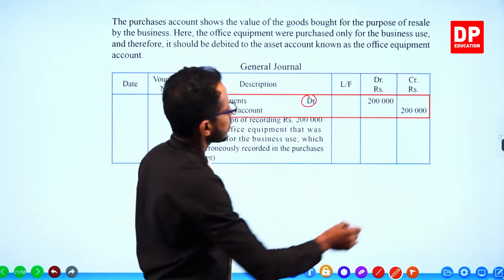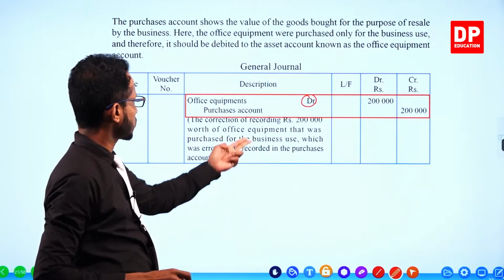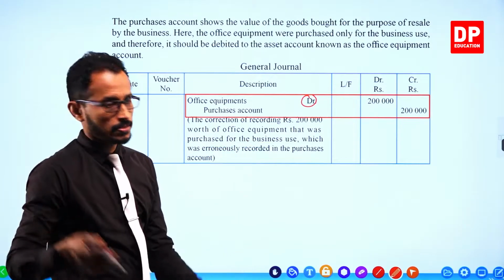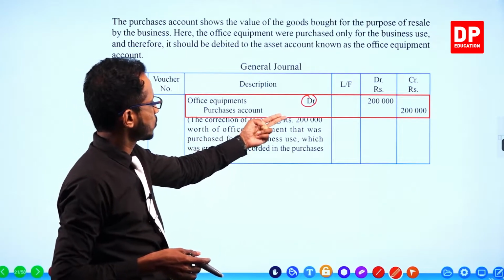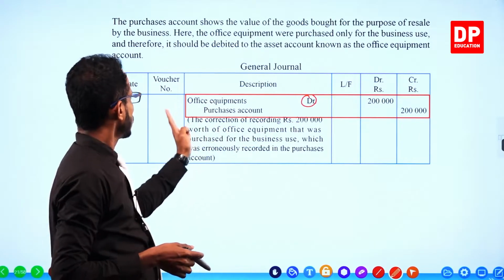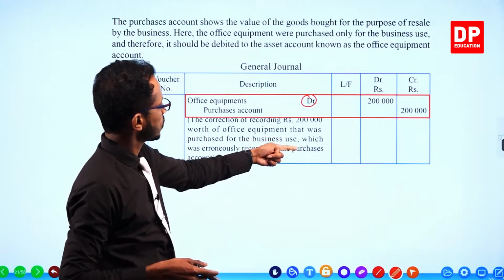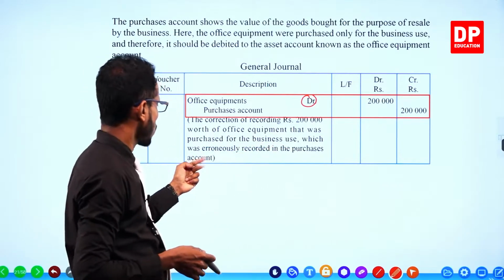Purchases account credit 200,000. And you write the narration. It's a big narration. Let's read it out. Correction of recording 200,000 worth of office equipment that was purchased for business use, which was erroneously recorded in the purchases account.